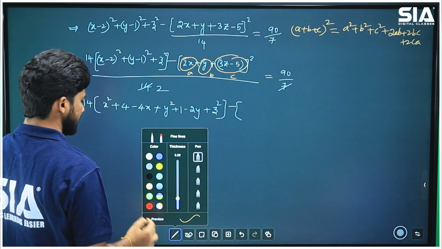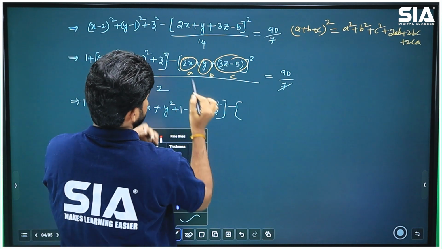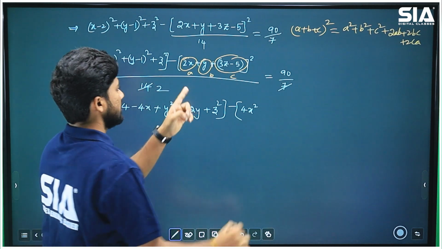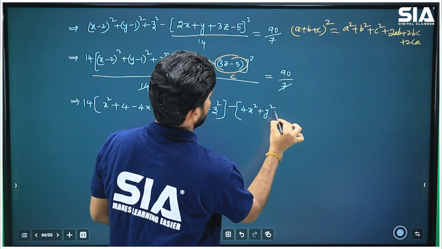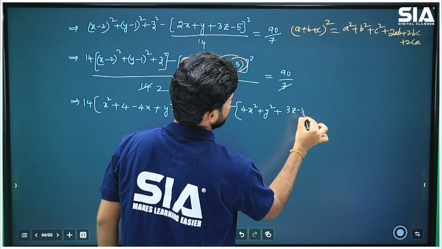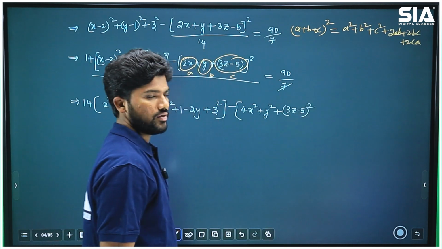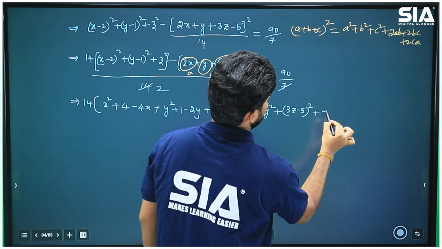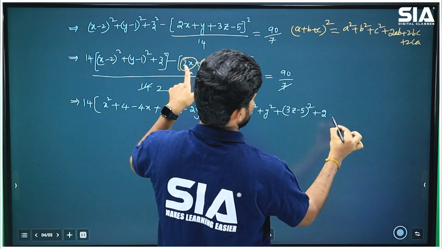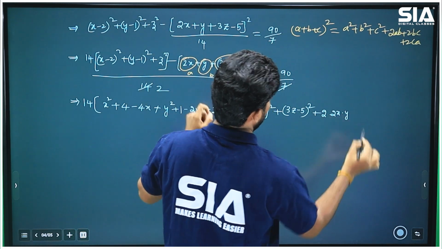Okay, so now expand that. a square means (2x) whole square, directly I am writing 4x square, plus b square, y square, plus c square, (3z minus 5) whole square. Plus 2ab: 2ab means 2 into a into b, so 2 into 2x into y.